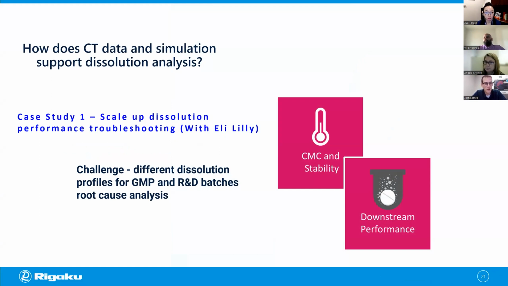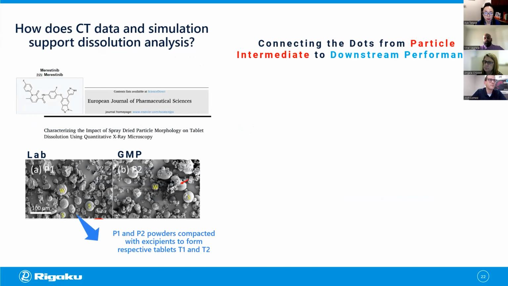This first project was a publication with Eli Lilly, where we were looking at dissolution troubleshooting upon scale up, going from R&D to GMP batches and understanding the root cause differences between those performances. This is a paper published in the European Journal of Pharmaceutical Sciences.